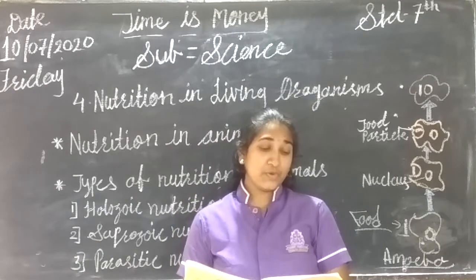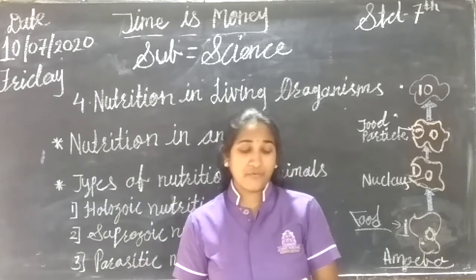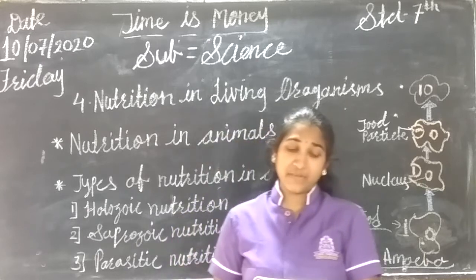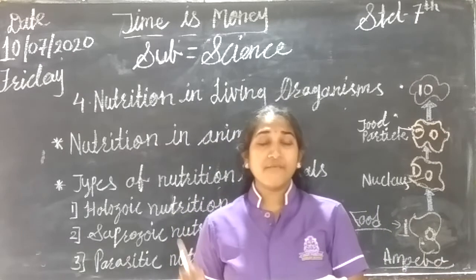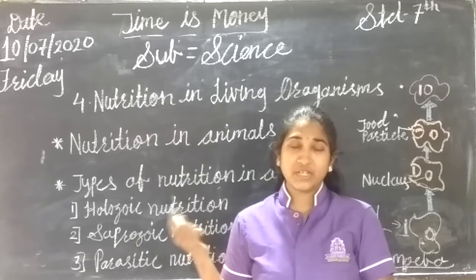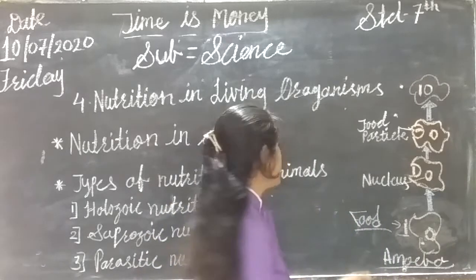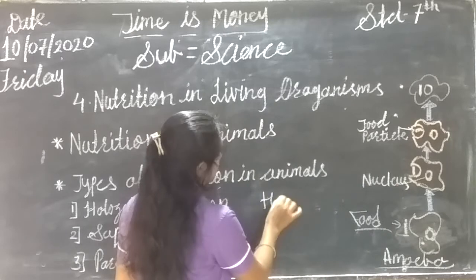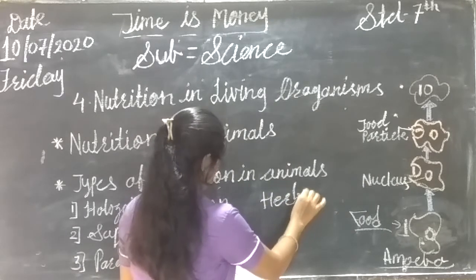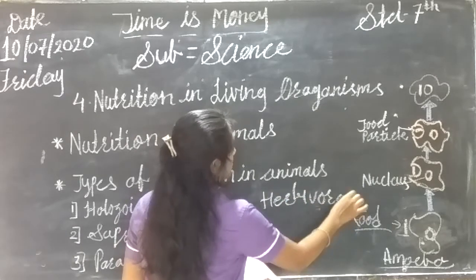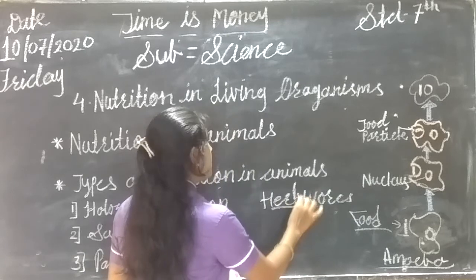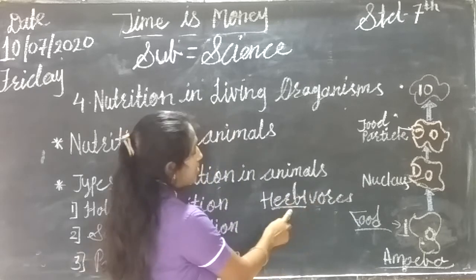Page number 32. According to the types of food, animals can be classified. The first one is the herbivorous. What is herbivorous? From the name only we come to know. Herb means what?